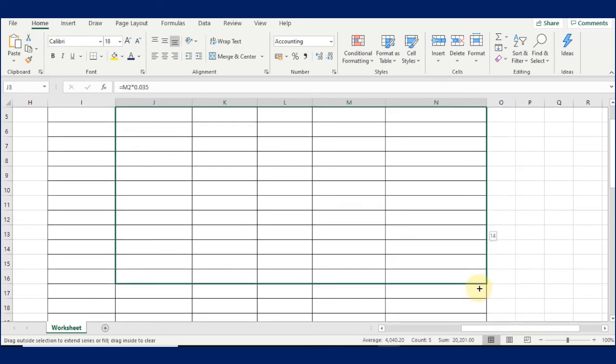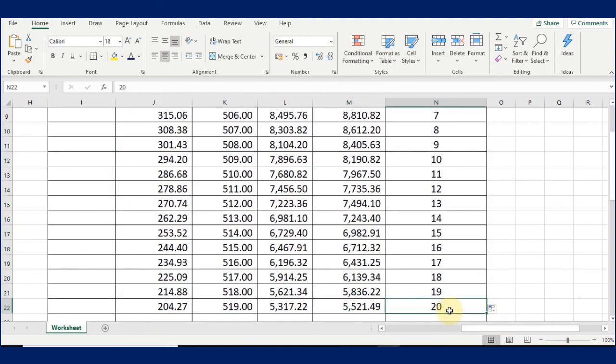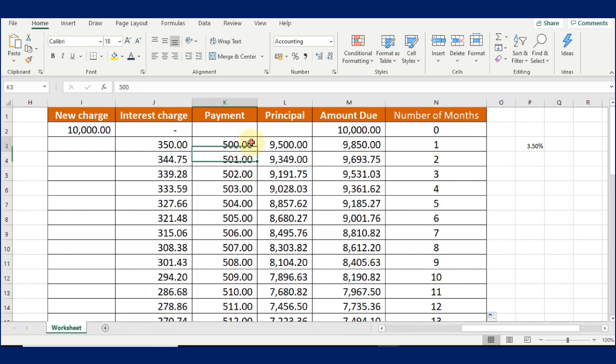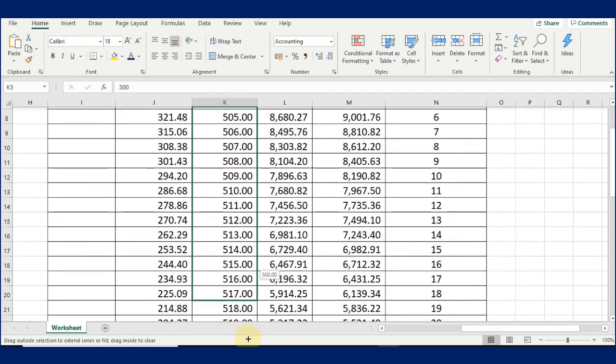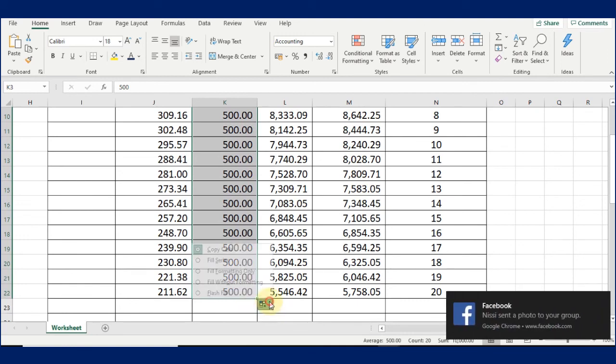And let's see up to 20 payments after 20 months. So after 20 months, oops, I'm sorry, I should change this. Okay, so you can just make copy cells for that one.